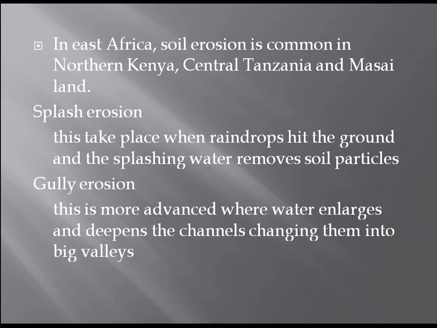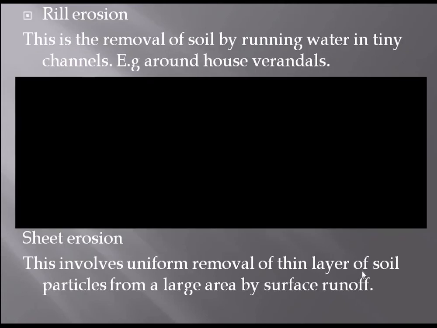So if you ask the types of erosion, we have 5 types of soil erosion. We looked at splash, we looked at the wind, now we are looking at gully, and one more to complete with this other one, which is rill plus sheet.